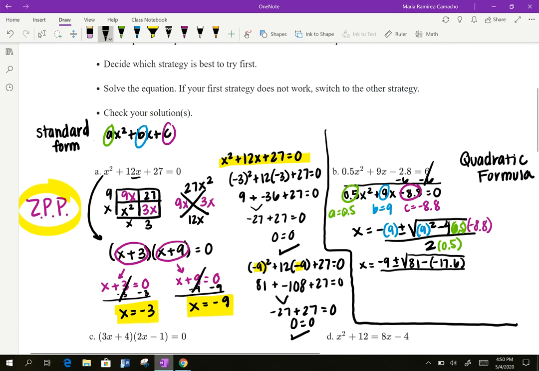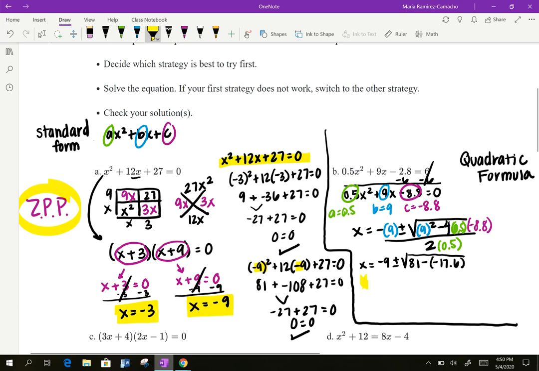And then on the bottom, 2 times 0.5 is just 1. And anything divided by 1 is just itself. And so if I'm dividing this entire top part by this 1 right here, why don't I just get rid of that 1?